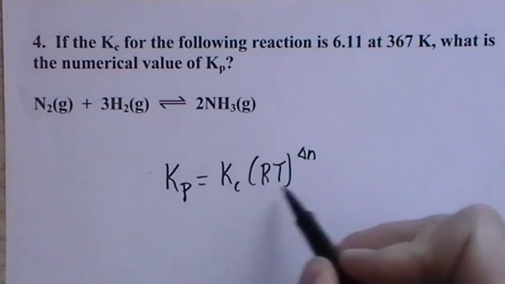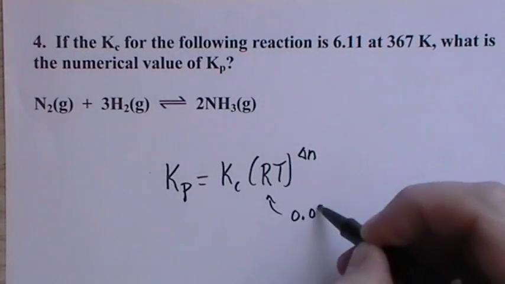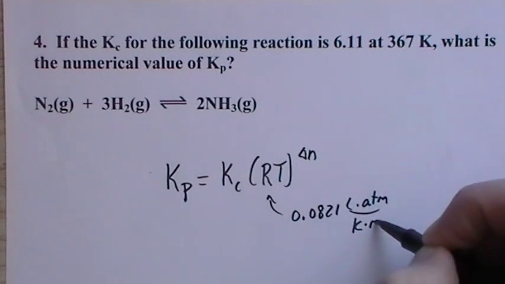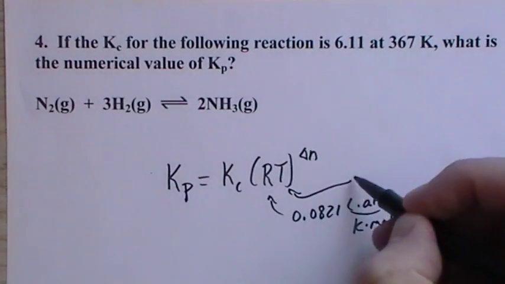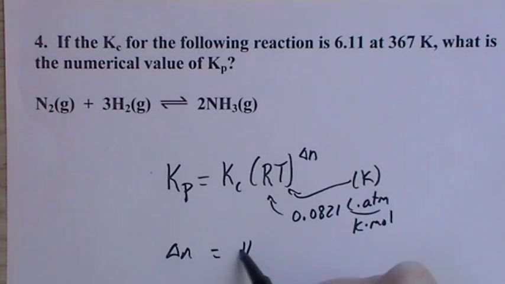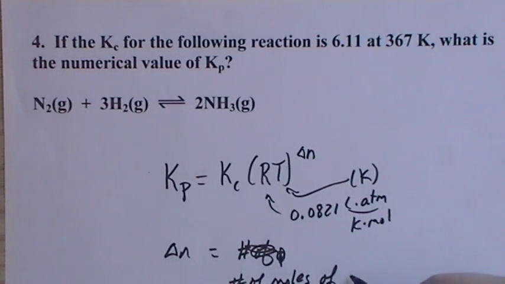This is for partial pressures, and they're related through R, which is 0.0821 liter atmospheres per kelvin mole. And then the temperature has to be in kelvins. And then n is the number of product, I should say, number of moles of product gases.